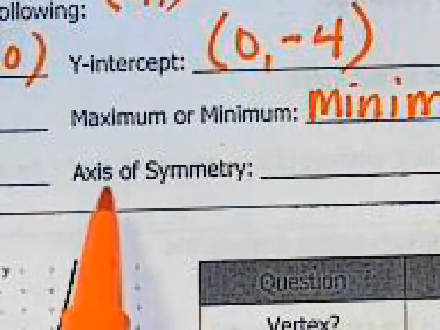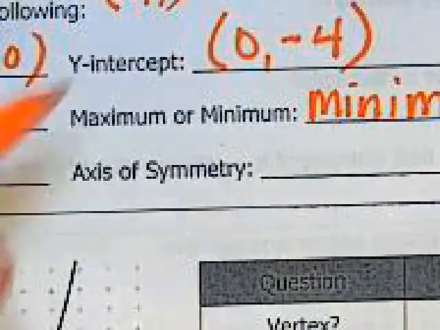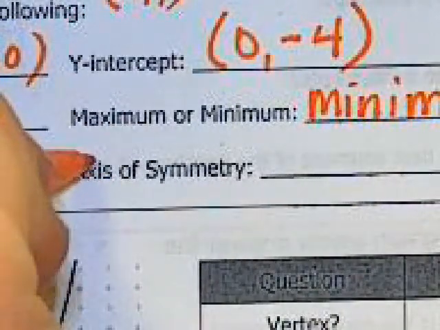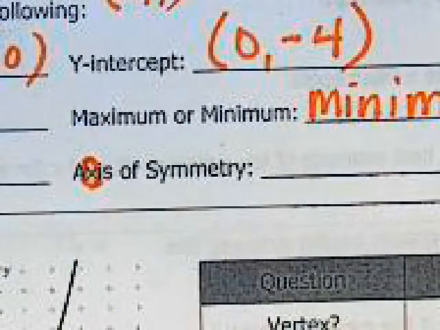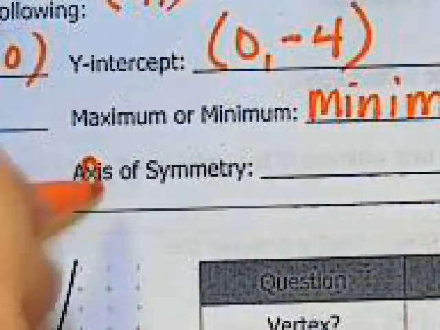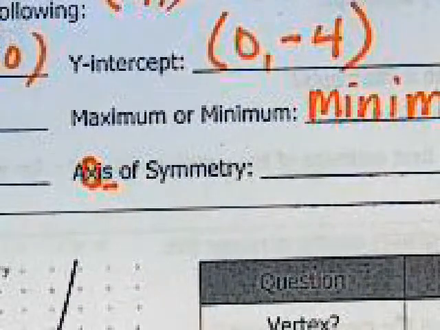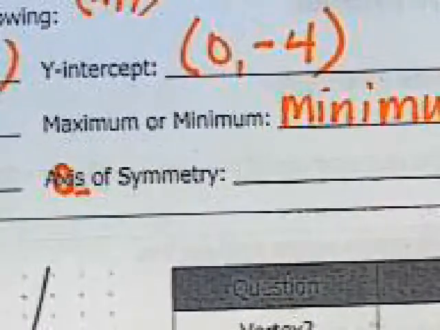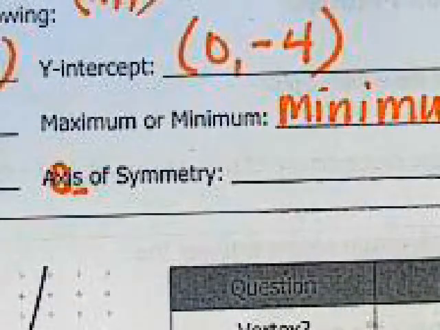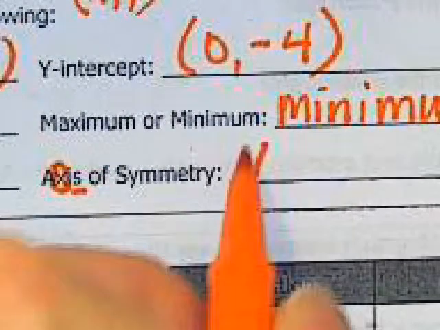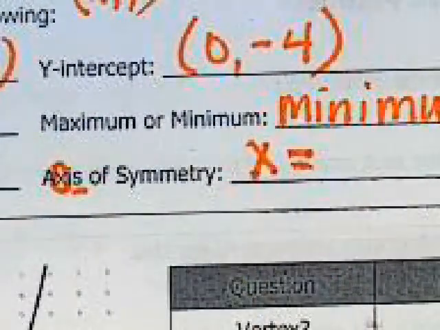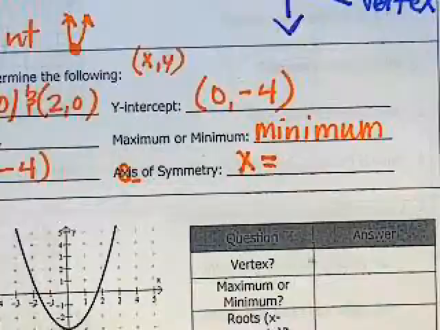Everybody see axis? It's got an x in it. And then what's the word after x? Is. So anytime you have the axis of symmetry and you're writing the answer, you have to write x is a number. X equals a number.